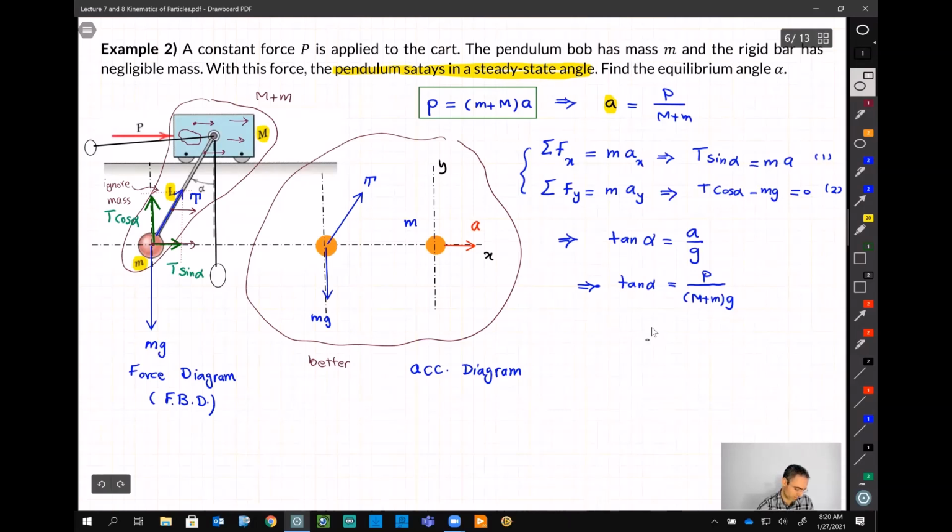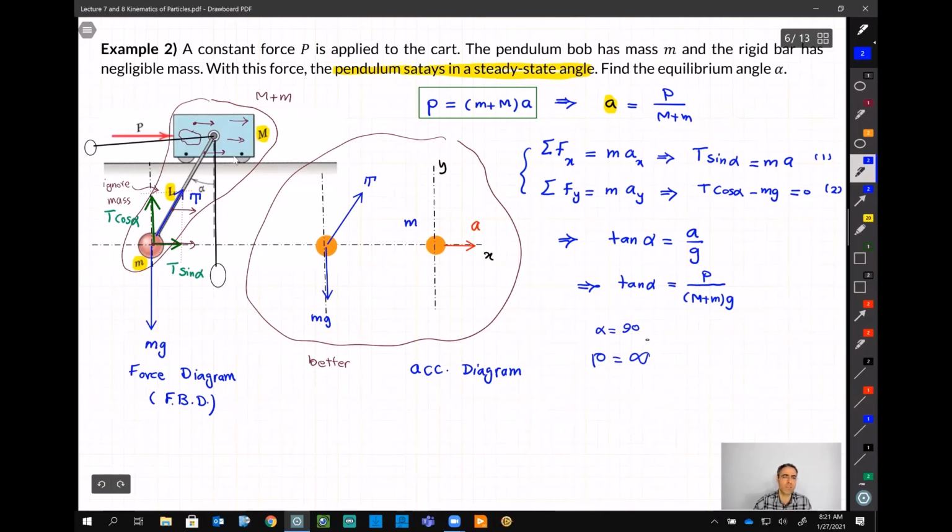It's infinity, right? So if you want alpha to be 90 degrees, then load P has to be infinity. That's why in practice we never get to that. Even if you apply a super large force, this pendulum comes and stays very, very close to the horizontal line, and stays there.